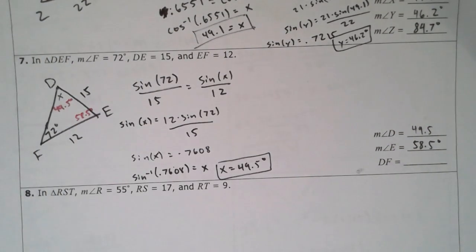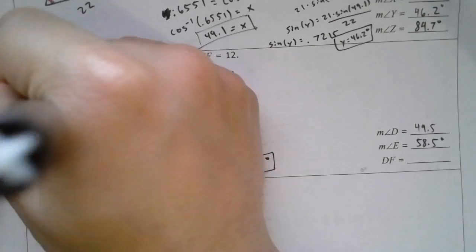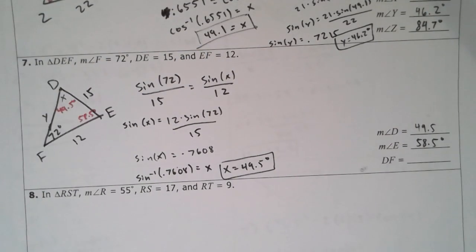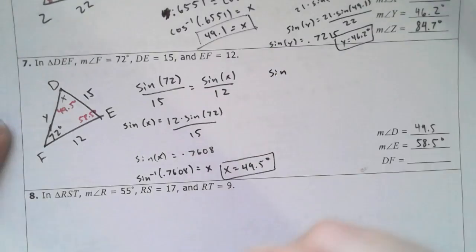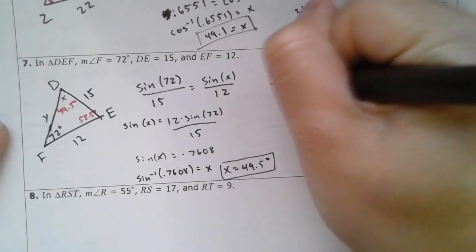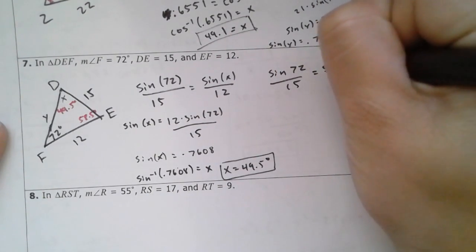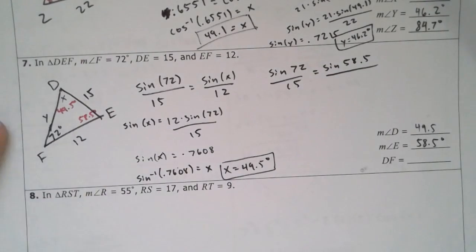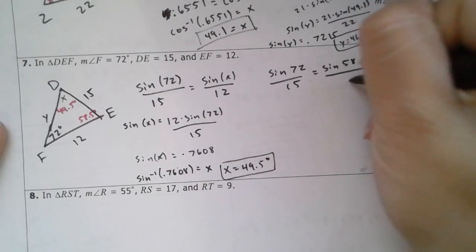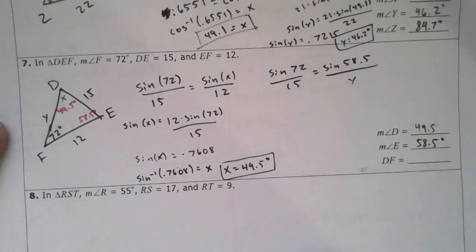And then let's label it 58.5 degrees. From here you could use law of sines again, and you could find the side opposite to it. We could call this one y for now, so DF is y. Sine of 72 over 15 is equal to the sine of 58.5, right, because that's the one opposite to y, over y.